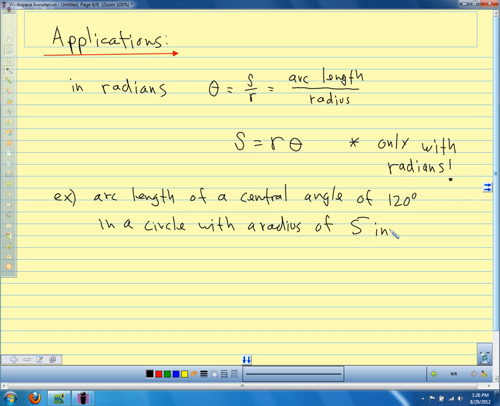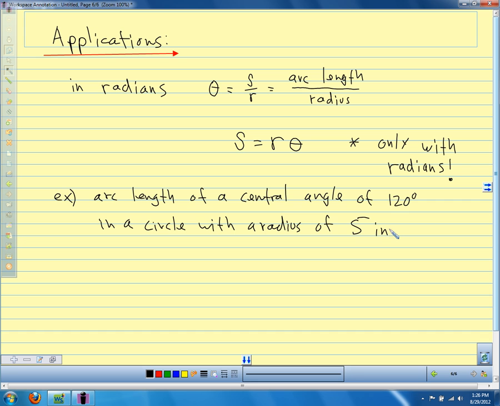This is the way the problem might be given to you in your homework. So we're looking for this arc length. The problem might ask you, you have a scale in a grocery store, and the arm of the scale moves through 120 degrees, and the arm of the scale is 5 inches long. How far does the tip of the arm of the scale travel? That would be an example of a problem like this. So we're looking for that arc length. How far does the tip of that angle travel as it rotates through 120 degrees?